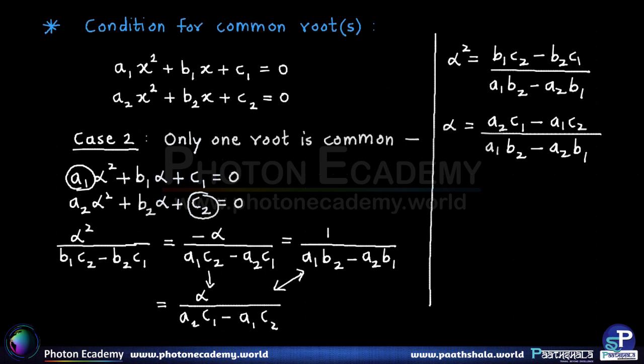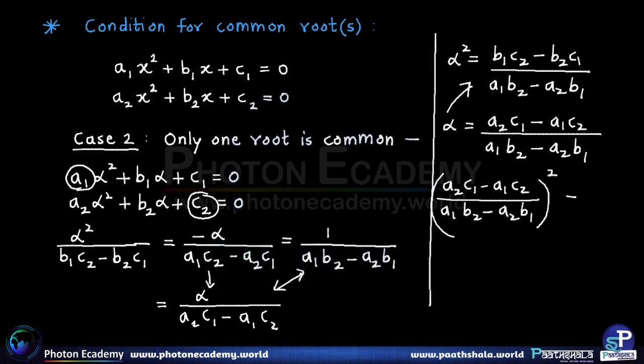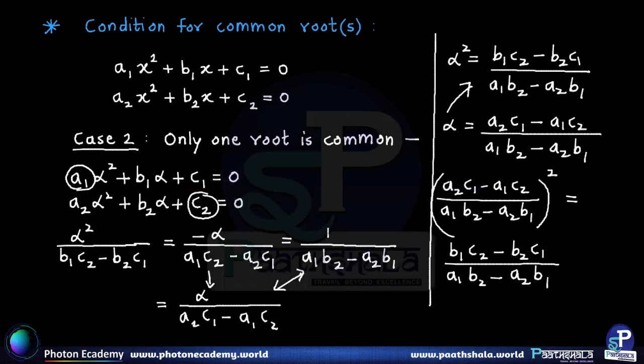And since we can put the value of alpha in this particular equation, we have a2 c1 minus a1 c2 upon a1 b2 minus a2 b1, the whole square, equal to b1 c2 minus b2 c1 upon a1 b2 minus a2 b1.